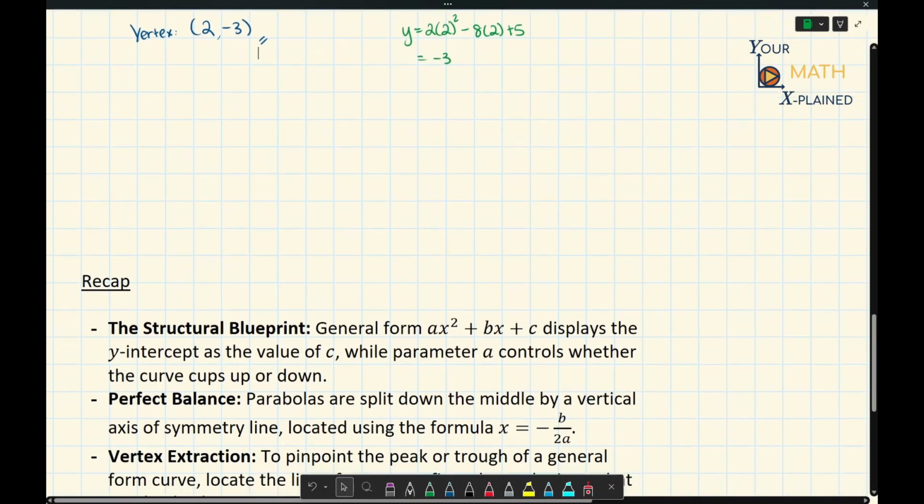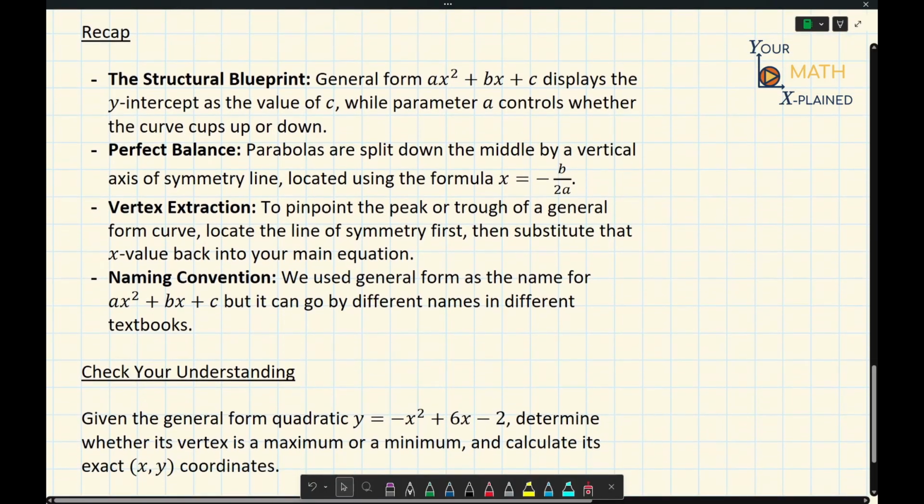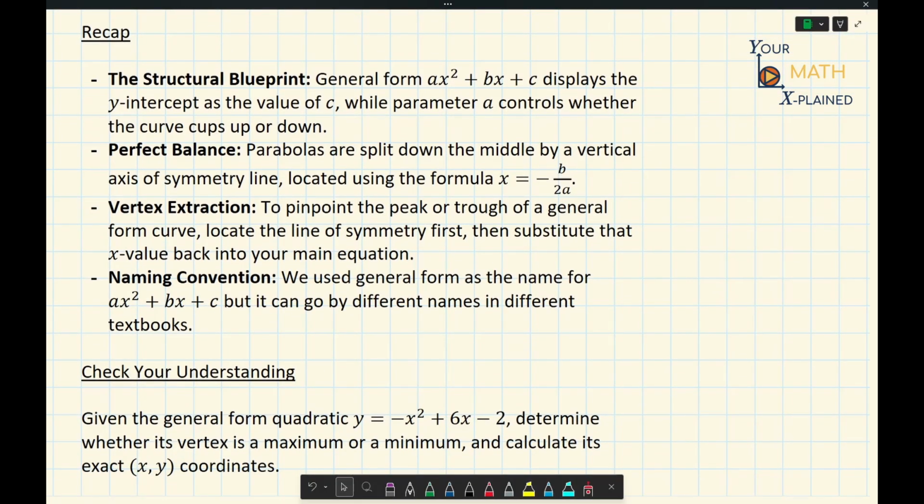And now let's do a quick recap of what we covered in this video. We learned that the general form of a quadratic equation is in the form ax squared plus bx plus c, where c is the y-intercept, and a controls whether the curve is an upward-facing cup or downward-facing cup. It also controls the steepness of that cup.